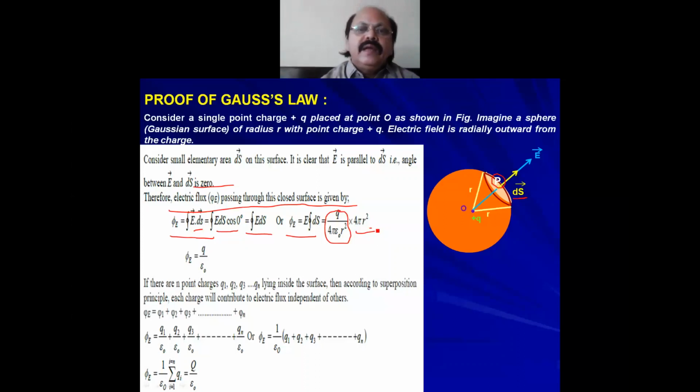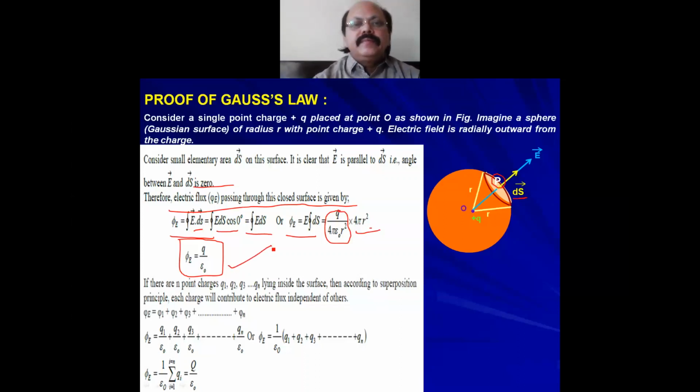Here 4 pi gets cancelled, r square gets cancelled. You will get only phi E is equal to q upon epsilon naught. So what we said in the definition of Gauss's law, the total electric flux through the closed surface is equal to 1 upon epsilon naught times the total charge contained by the closed surface. So that is proved.